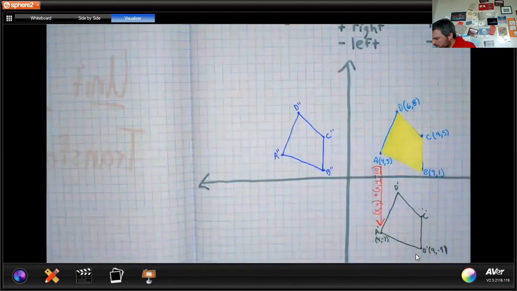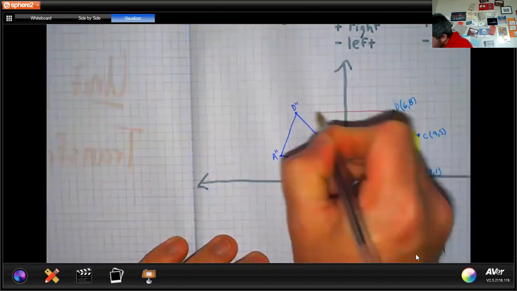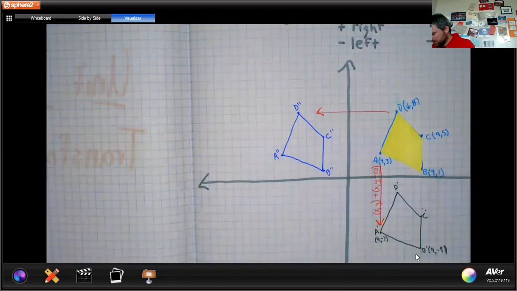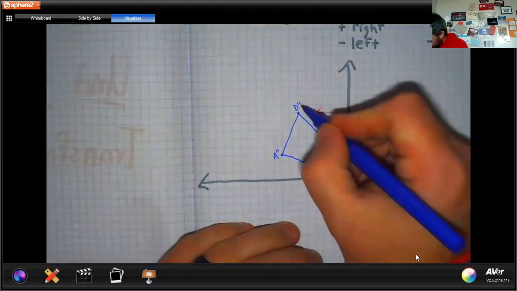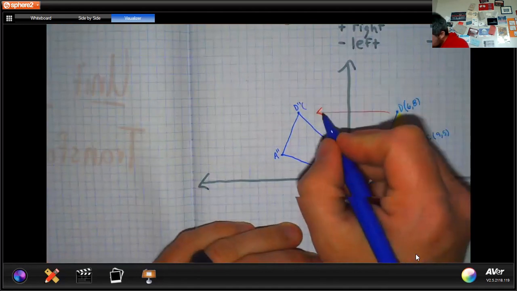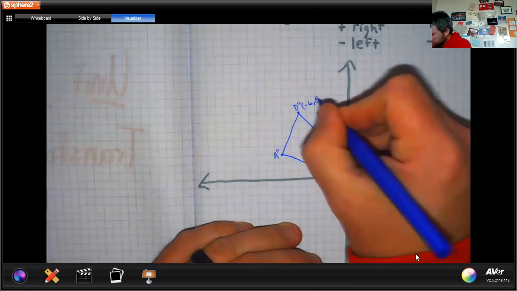Now I went this way, so we'll go from D to D here. We went that way, and your new D value is -6, 8.